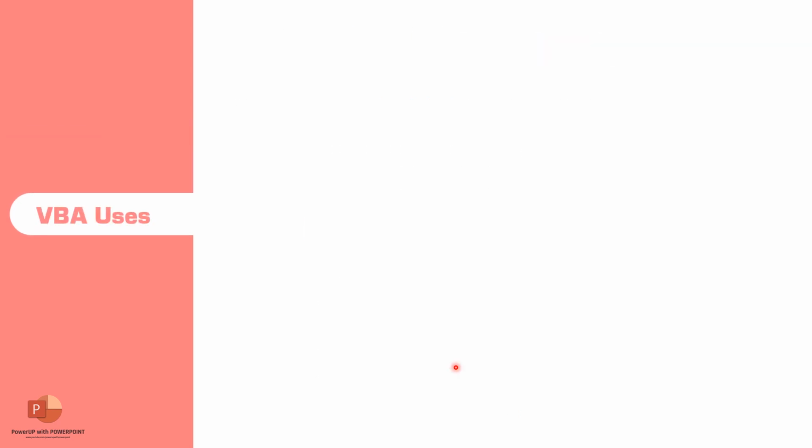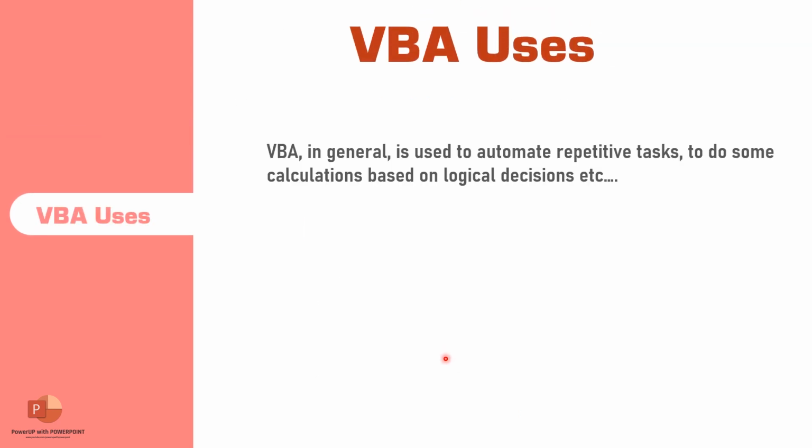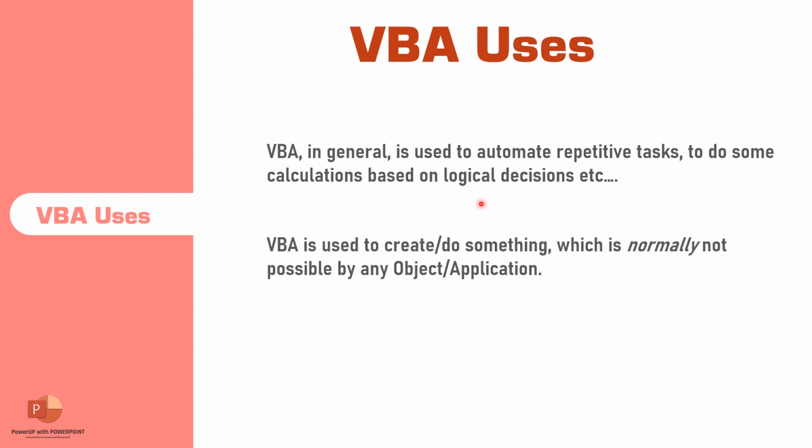Now let's see the uses of VBA. We generally say VBA is used to automate repetitive tasks or to do some calculations based upon logical decisions. This is true, but this definition is oriented more towards the Excel application because of its data handling capabilities. But if I want to put this definition in layman's language, VBA is used to create or to do something which is normally not possible by any object or application.